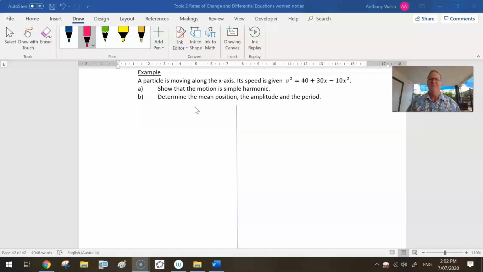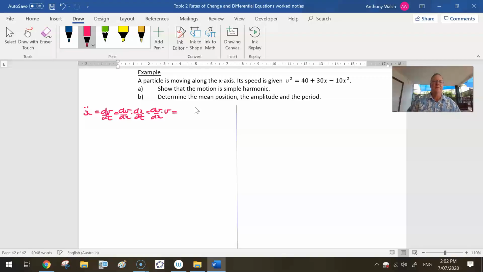So why would they give us velocity in v squared? The reason is because of the relationship that we know acceleration can get into. Remembering that acceleration is dv dt, and according to the chain rule dv dt is dv dx by dx dt, and we know that dx dt represents the velocity, so we've got dv dx by velocity.